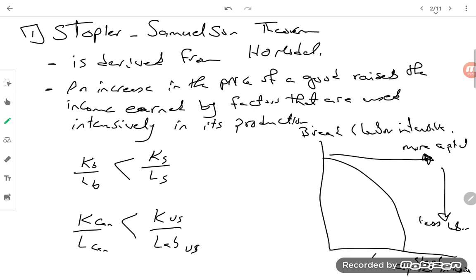So according to Heckscher-Ohlin, United States has a comparative advantage in the production of steel. So United States will specialize in the production of steel and export it to Canada. And they are going to get bread in return.